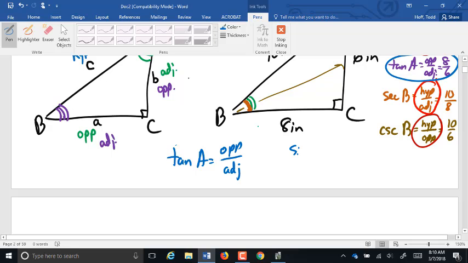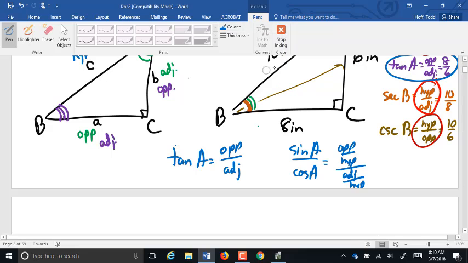If I look at sine over cosine, sine is opposite over hypotenuse, correct? Cosine is adjacent over hypotenuse, correct?